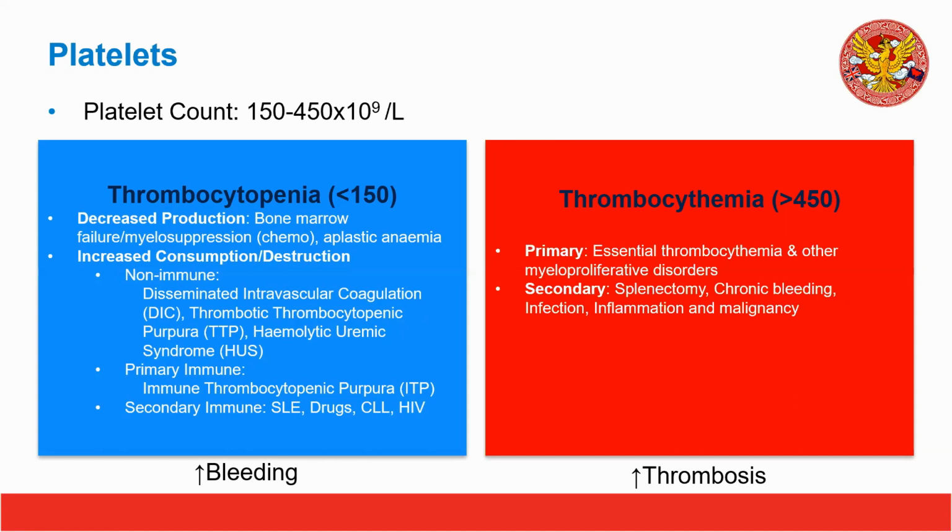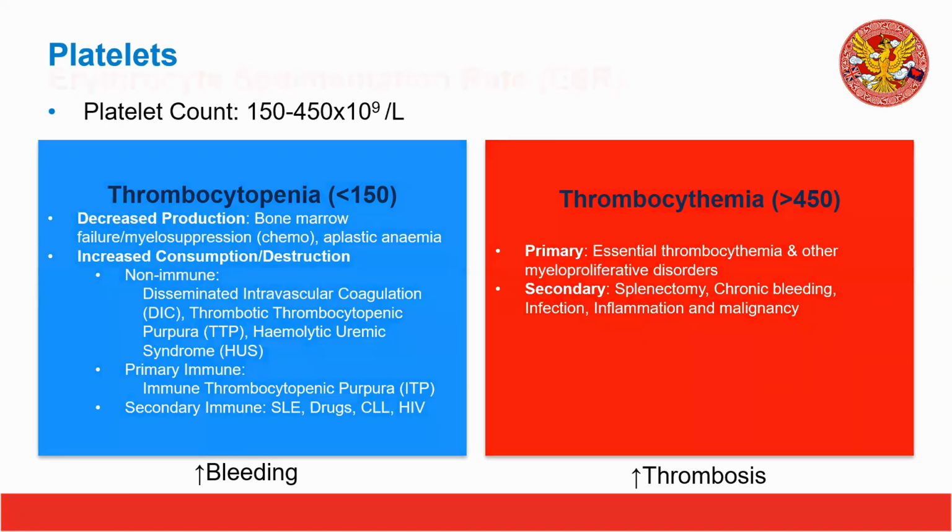You are essentially trying to force the body towards producing more platelets to deal with the infection or the inflammation and the malignancy. And the thing you're worried about with thrombocythemia is the increased risk of clotting. So there's an increased risk of thrombosis.